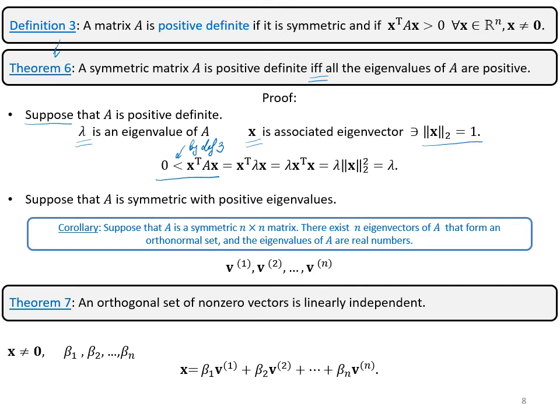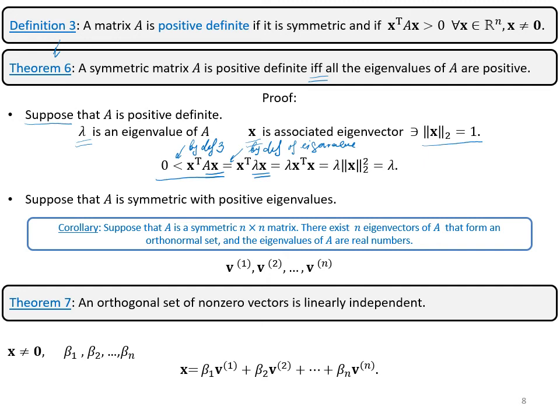At the same time, lambda is an eigenvalue, and by the definition of eigenvalue, we can write down this equality.